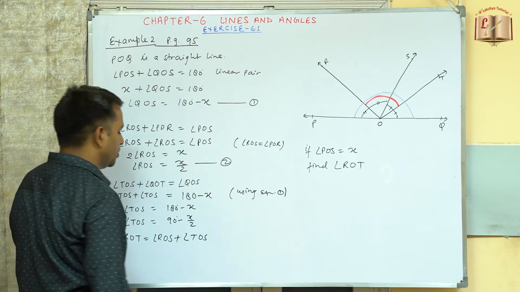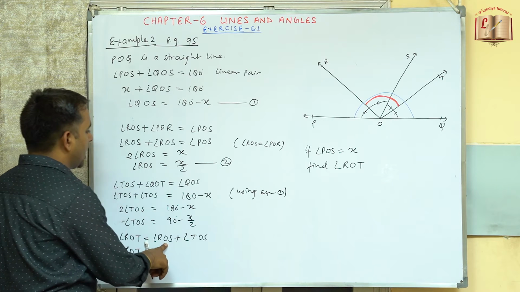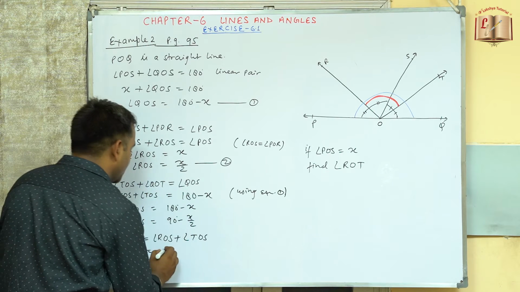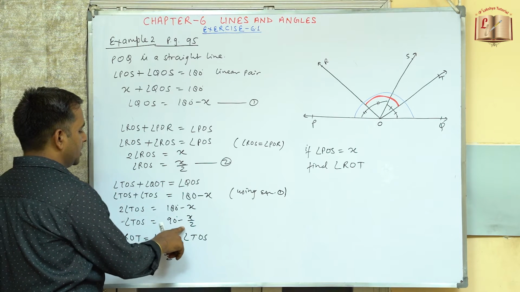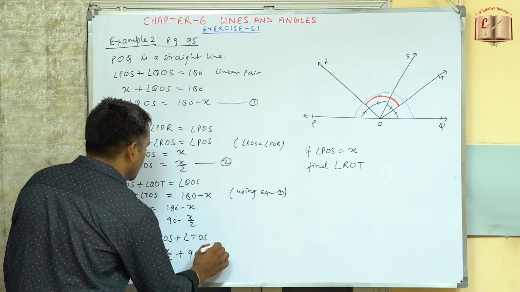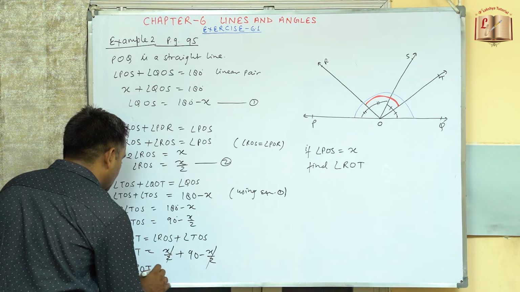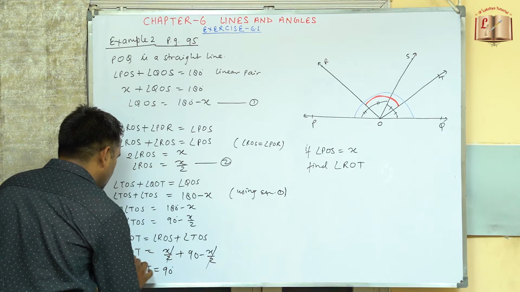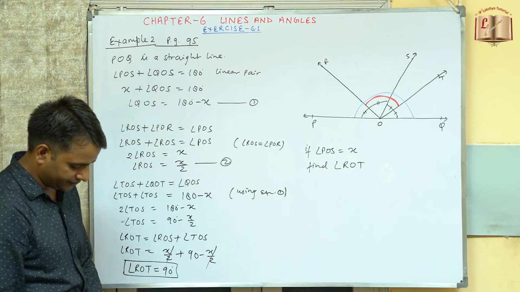We have already got angle ROS, this is x by 2, plus angle TOS, and TOS is 90 minus x by 2. So x by 2 cancels. Therefore angle ROT is equal to 90 degrees. So we got angle ROT as 90 degrees.